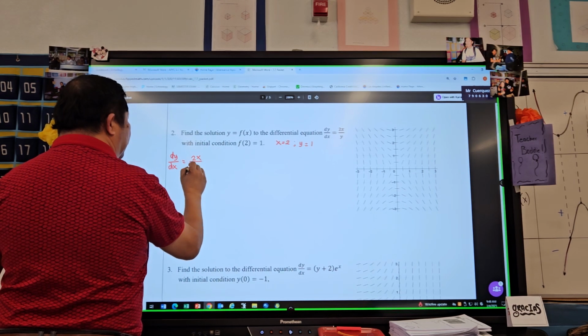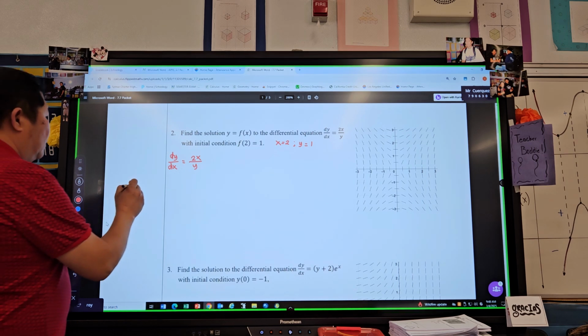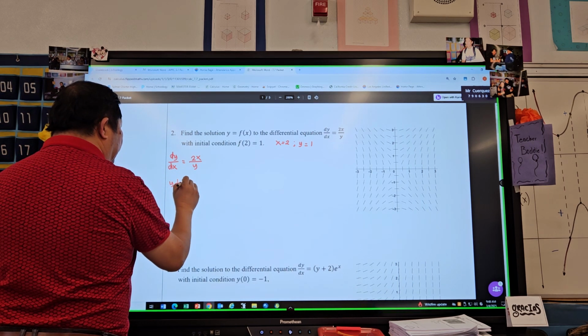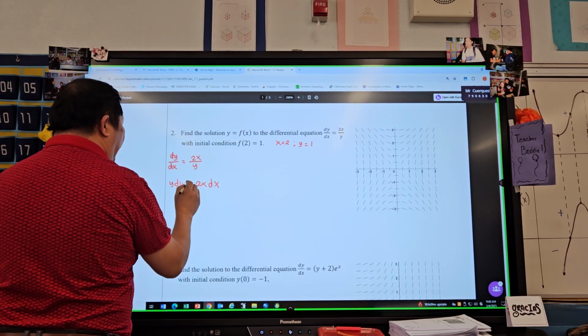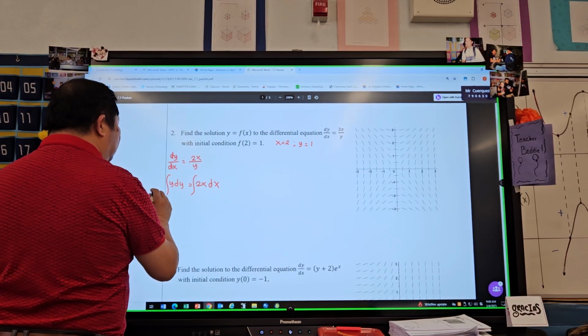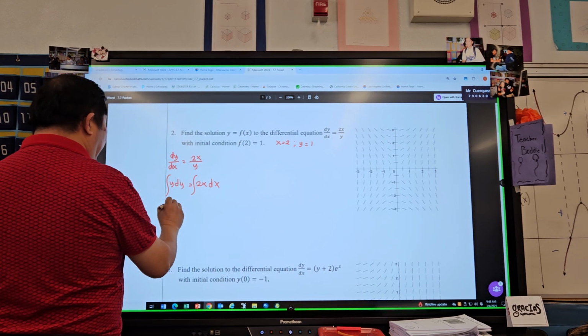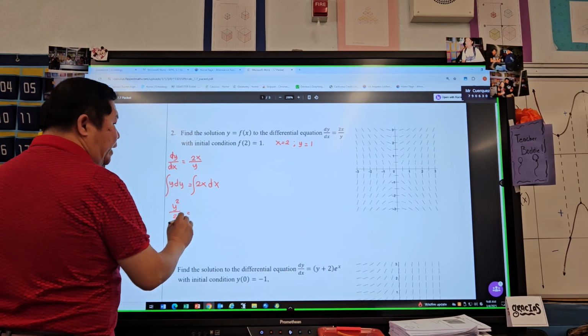over y. So how do we separate the variables now? We're gonna have y dy is equal to 2x dx. Okay, and then integrate now. Can we integrate right away? So this is y squared over 2, right, guys?